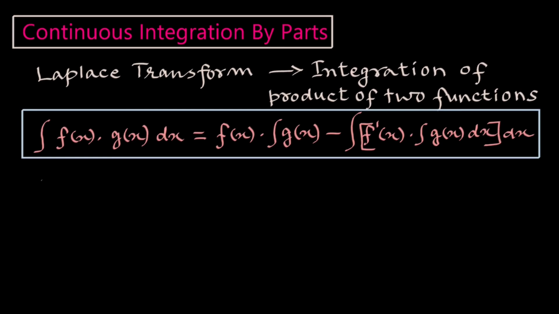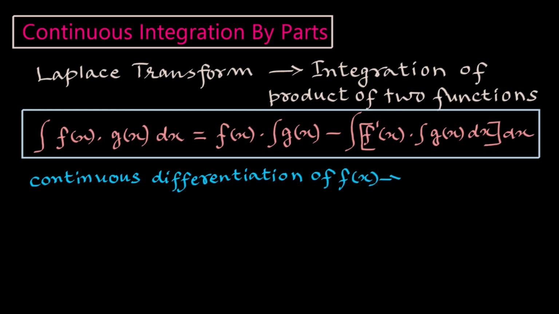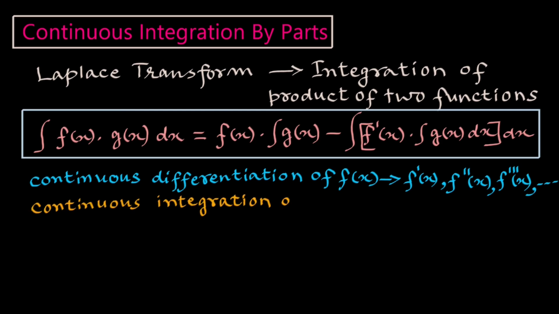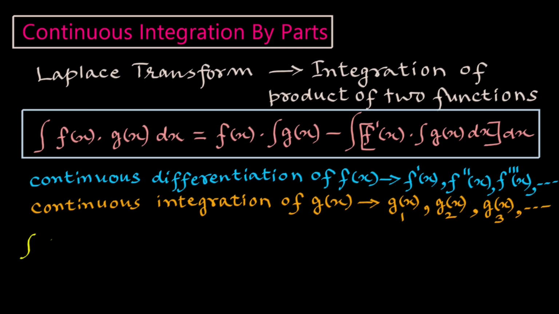In this, we use continuous differentiation of f(x), and we denote it by f dash x, f double dash x, f triple dash x, etc., and continuous integration of the second function g(x), and we denote them as g(x)1, g(x)2, g(x)3, etc.